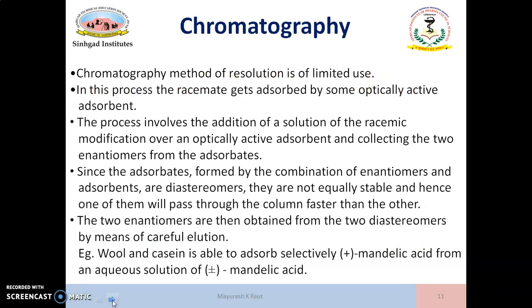Fifth method is chromatography. Chromatography method of resolution is of limited use because in this process the racemate gets adsorbed by some optically active adsorbent. The process involves addition of a solution of racemic modification over optically active adsorbent and collecting the two enantiomers from the adsorbate.